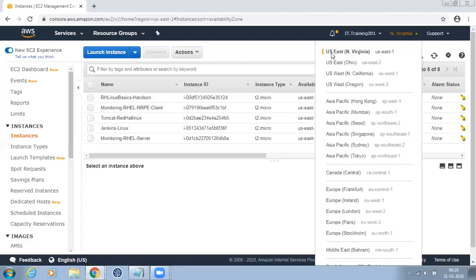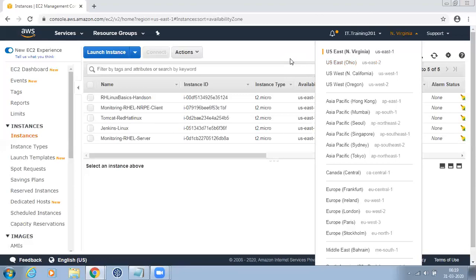So that your customers will not get impacted, and your business will not be impacted by the slowdown or disaster of your respective availability zone. So your application will keep up and running.